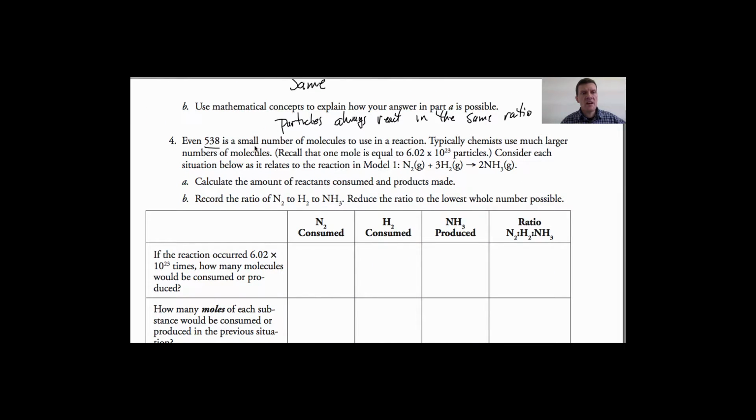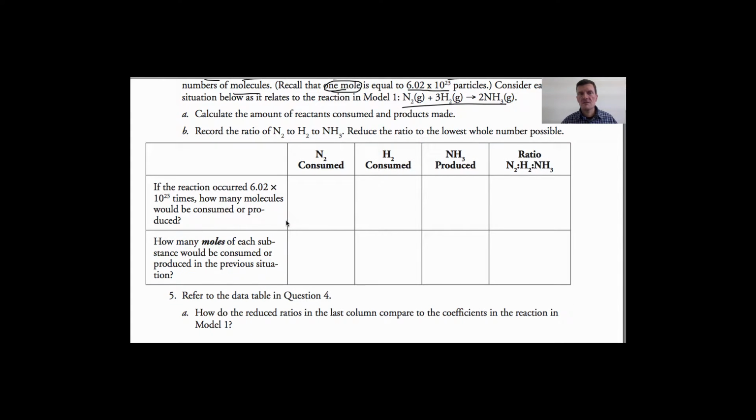Even 538 is a small number of molecules to use in a reaction. Typically, chemists use much larger numbers, as we've mentioned before, like 6.02 times 10 to the 23rd. Remember, that's a mole. Consider each situation below as it relates to the reaction in Model 1. Same reaction, same coefficients, but now I kind of already did this for you.